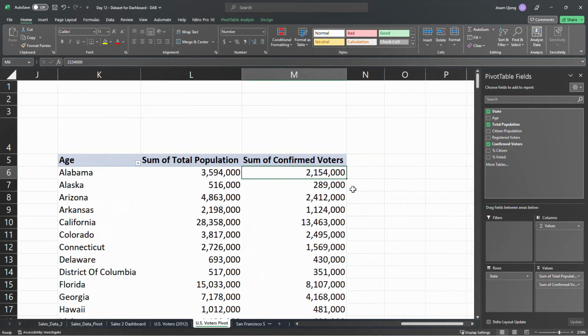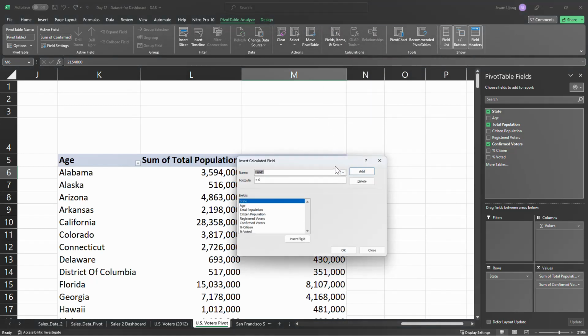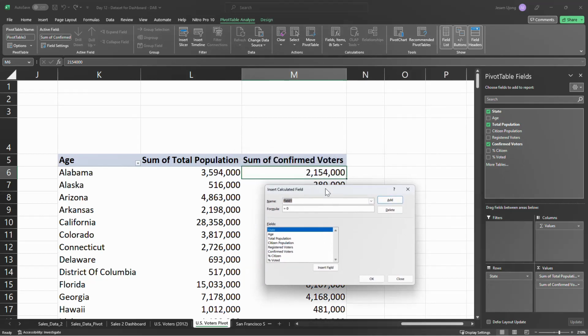So calculated fields, right? Pivot table fields, calculated fields. So call this percentage voter population, and it's going to be confirmed voters over total population, right?